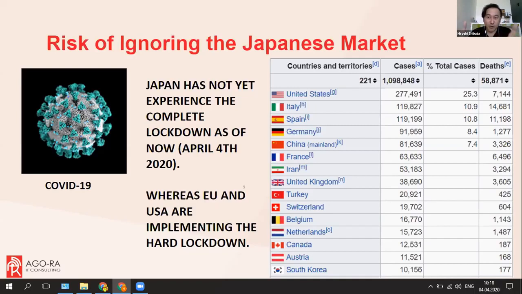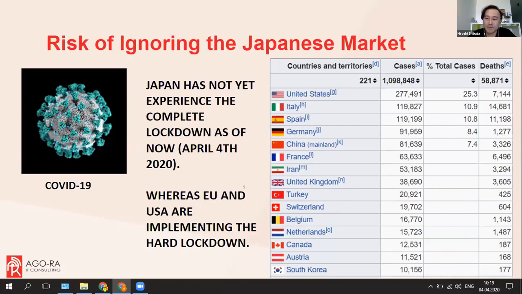And fortunately, Japan has not yet experienced a hard lockdown. So that means business is still moving as usual. Our project, for example, the project that Alexander and I are doing, is still ongoing, and nothing has been shut down.